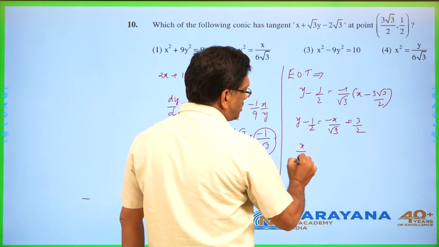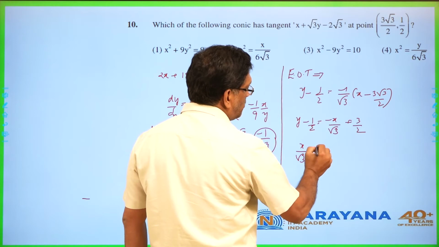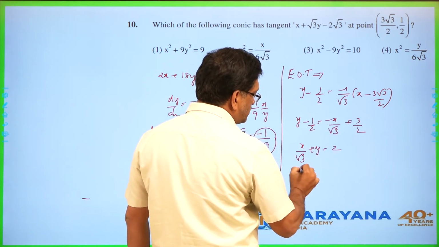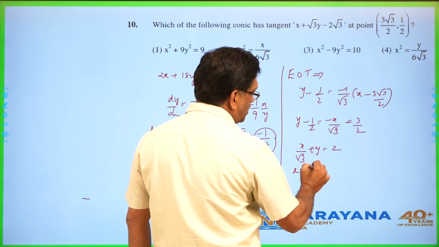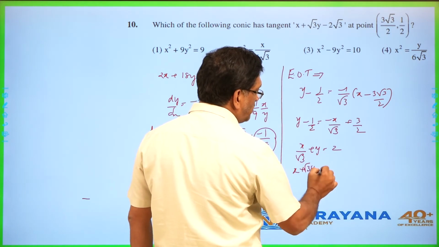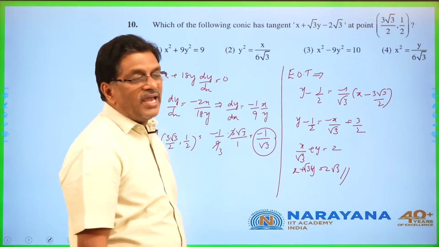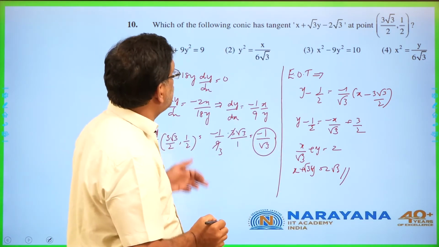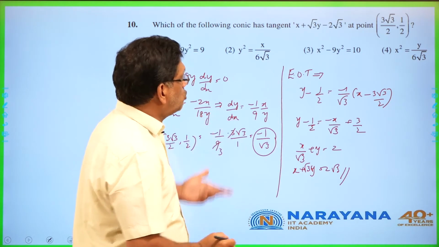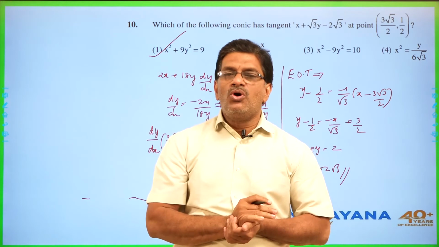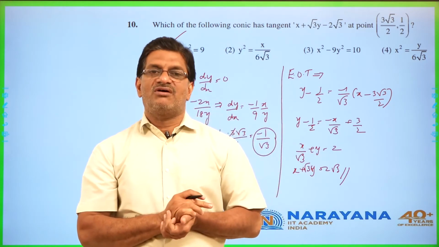It is x by root 3 plus y is equal to 2. If you take LCM, x plus root 3 times y is equal to 2 root 3. Yeah, that is it. So the first option itself is right. No need of testing the rest of the options.